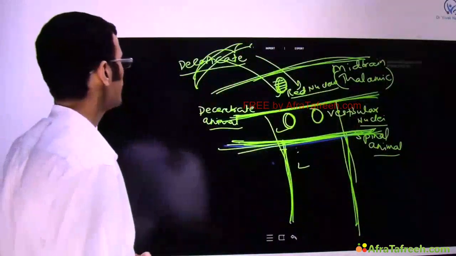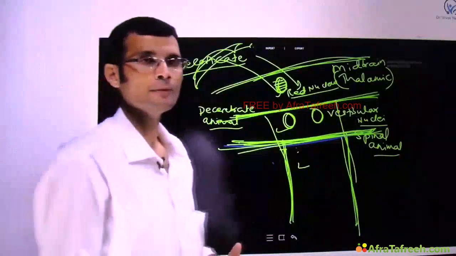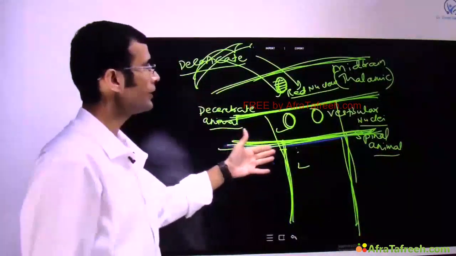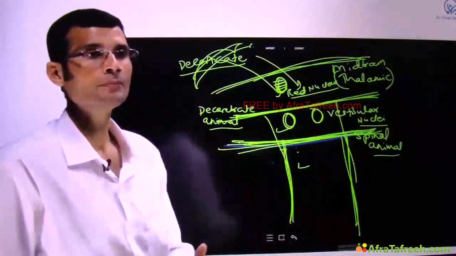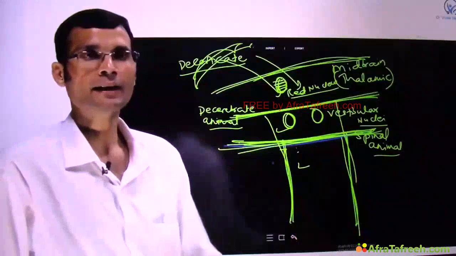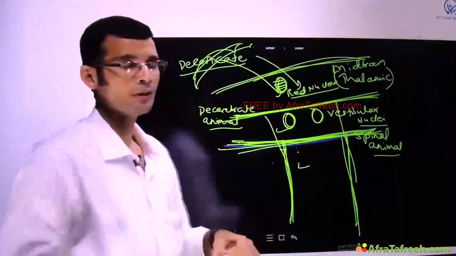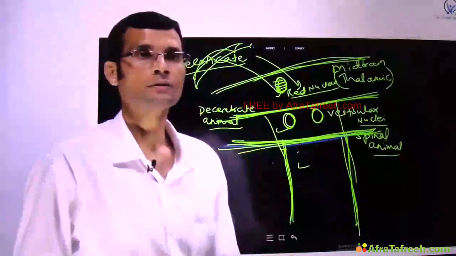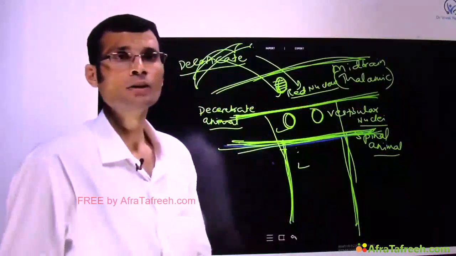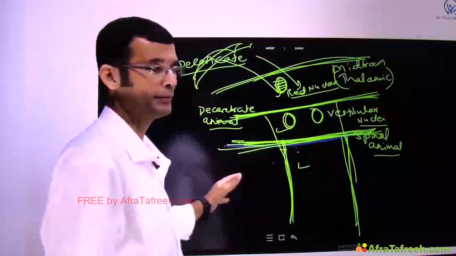Now, what is the difference between decerebrate rigidity and decorticate rigidity? Decerebrate rigidity is more like lower animals. In a decerebrate cat, extensors of all the limbs will contract. All extensors will go into spasm, into rigidity.